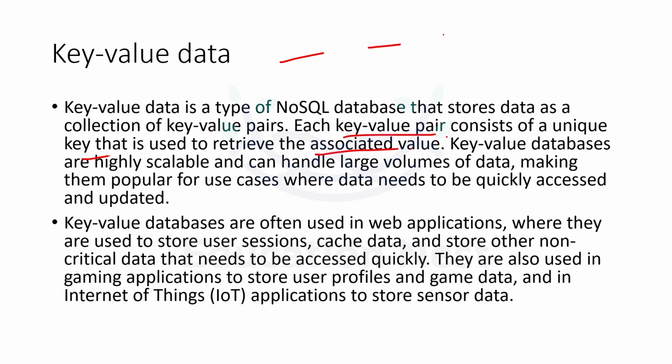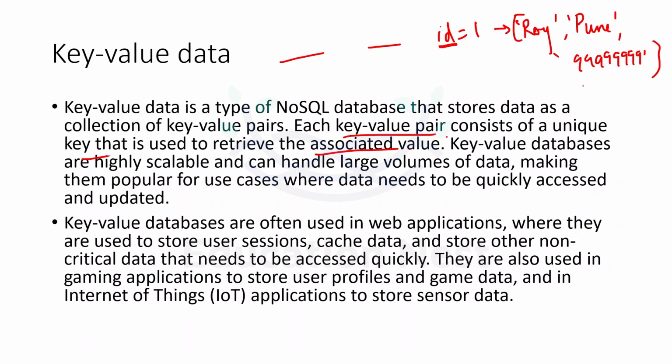So I can have a key for ID, and the value of it is 1. And with that, I can have multiple values associated, like the name for that ID, the city, the PIN code or mobile number, right? So with one key, we can have multiple values associated with it.